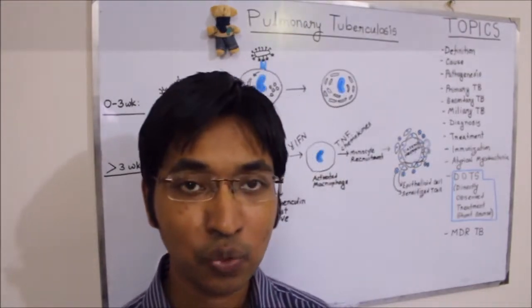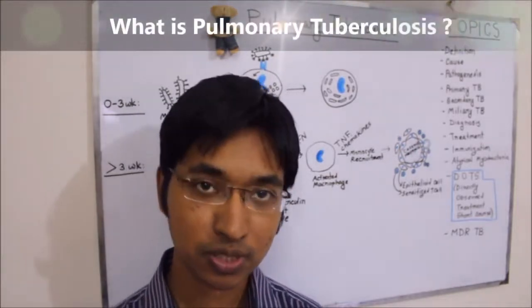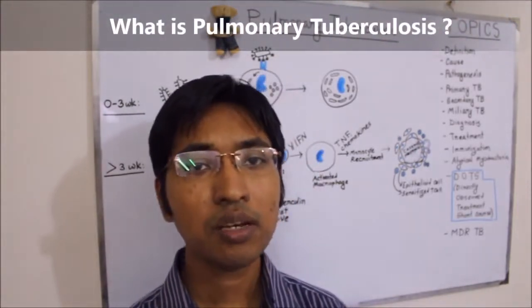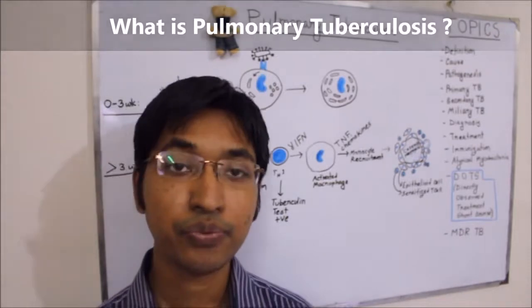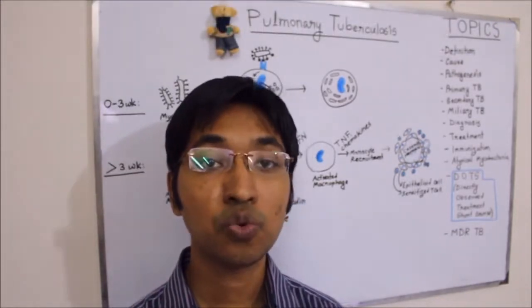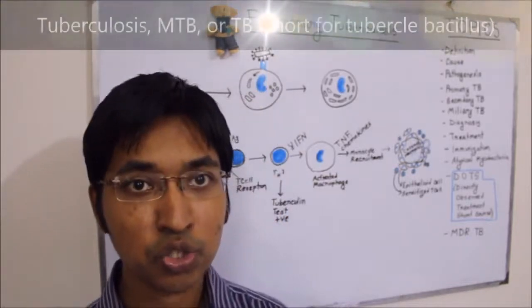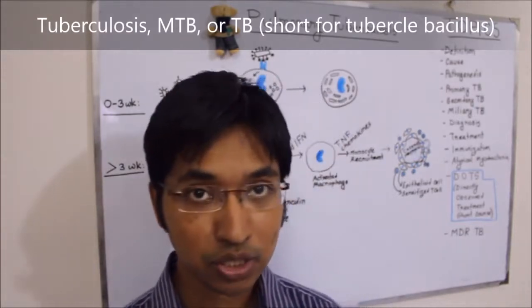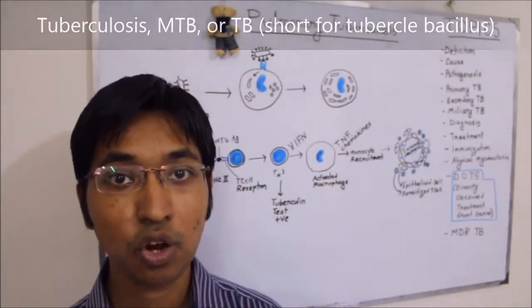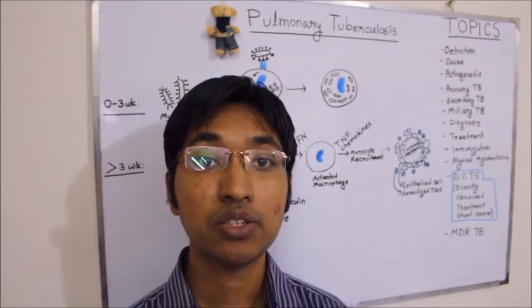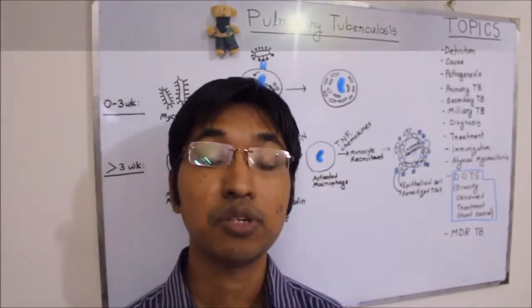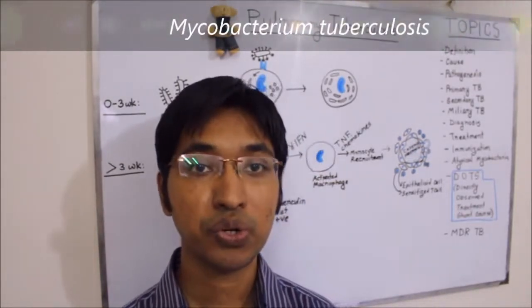First question, what is pulmonary tuberculosis? Now, to understand pulmonary tuberculosis, first we must know what is tuberculosis. So tuberculosis, which is often referred to as TB in short, is an infectious bacterial disease caused by different strains of the bacteria named Mycobacterium tuberculosis.